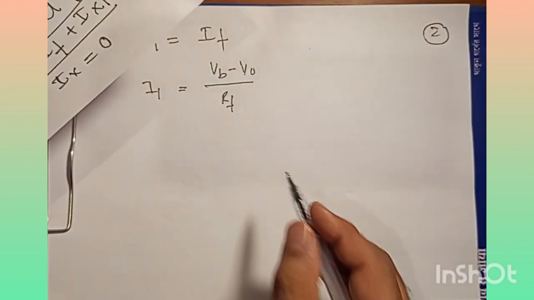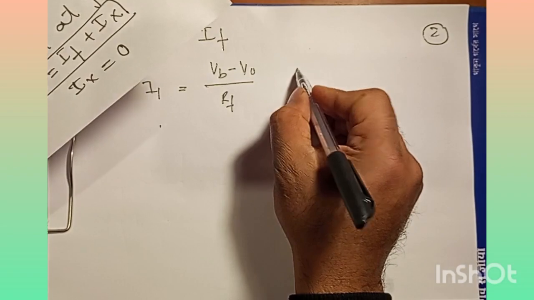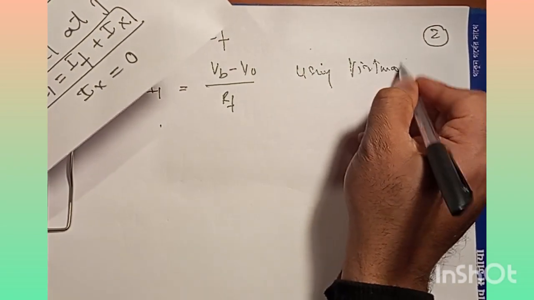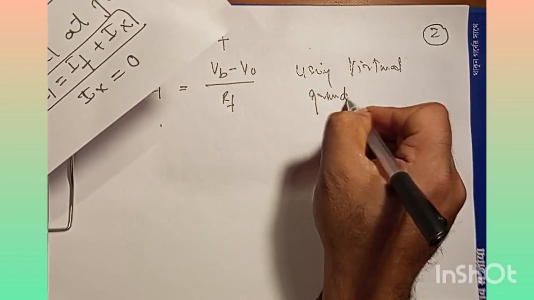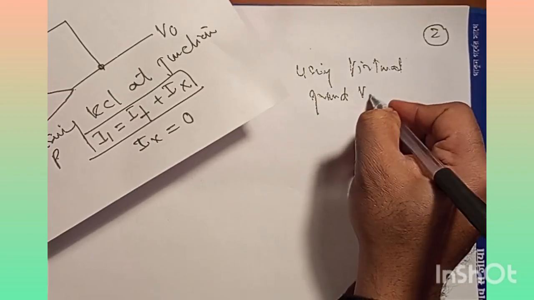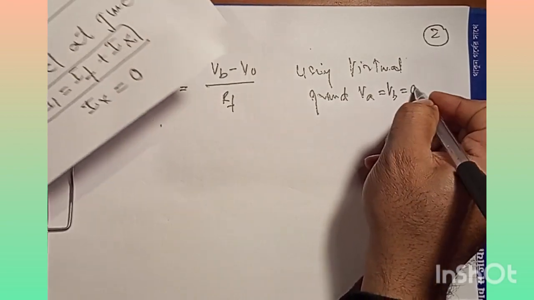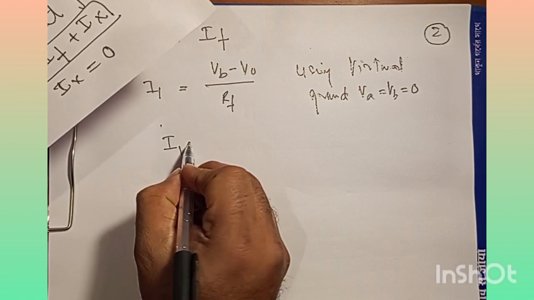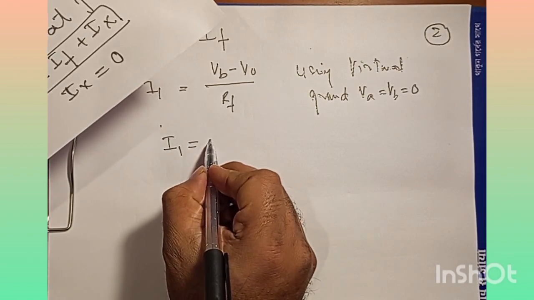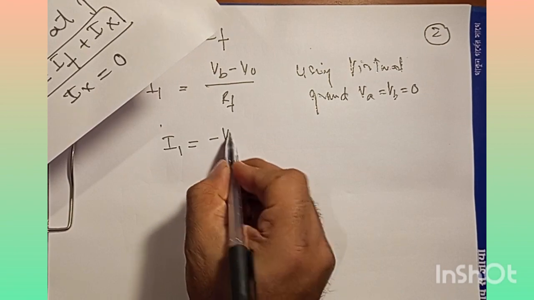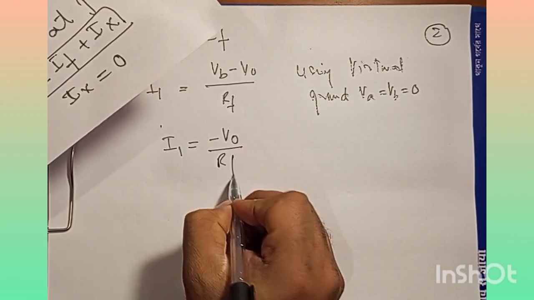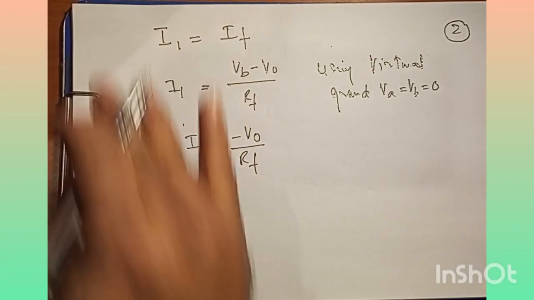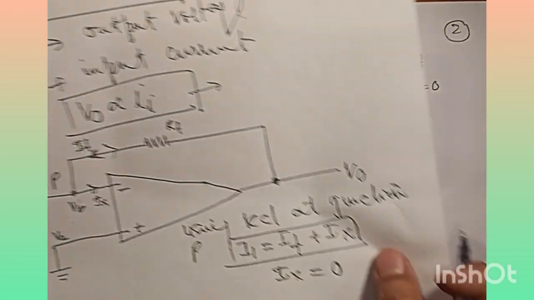So using the concept of virtual ground, what we are going to get is VA equal to VB equal to zero. So in that case, we have I1 equal to minus V out by RF. That should be clear from this.